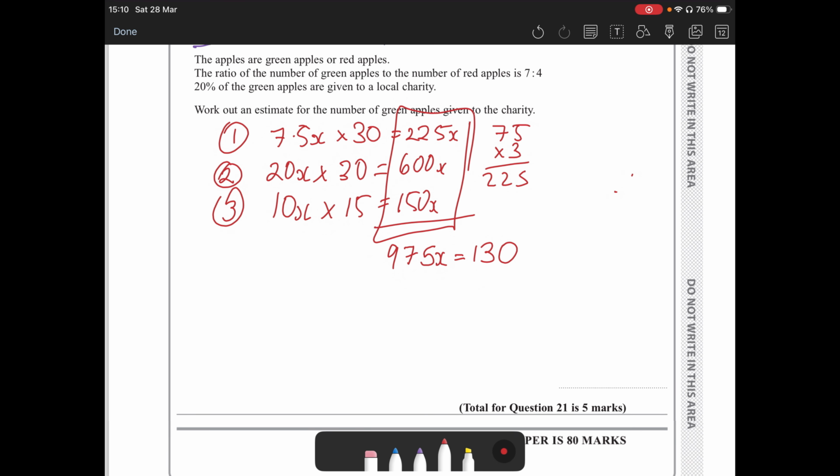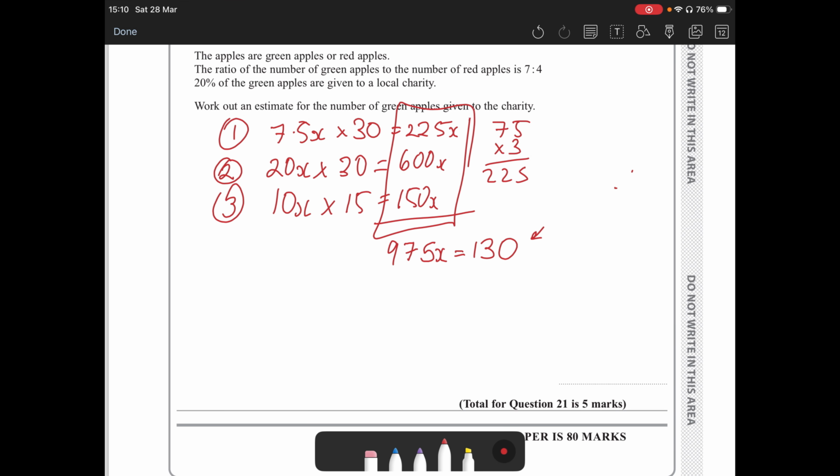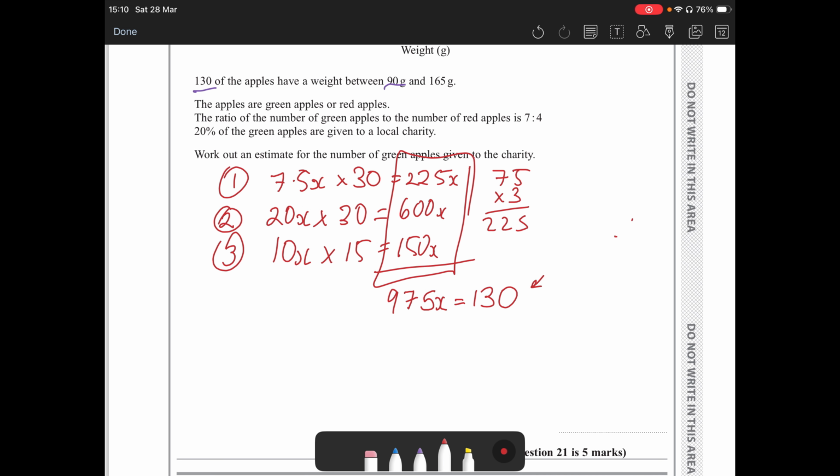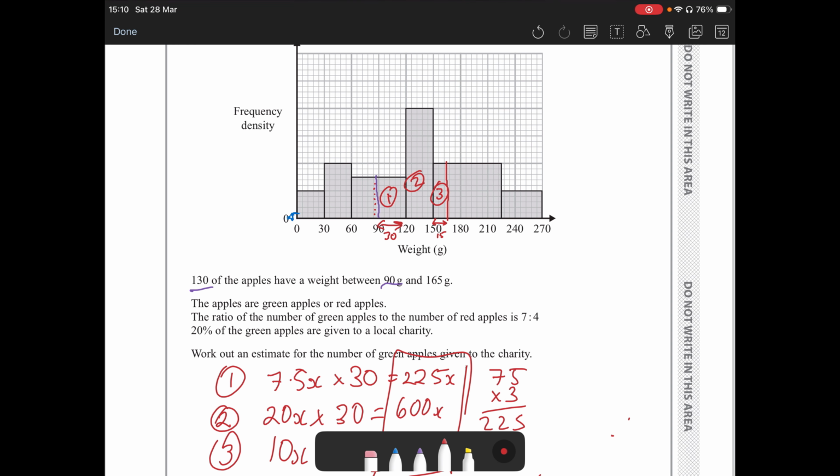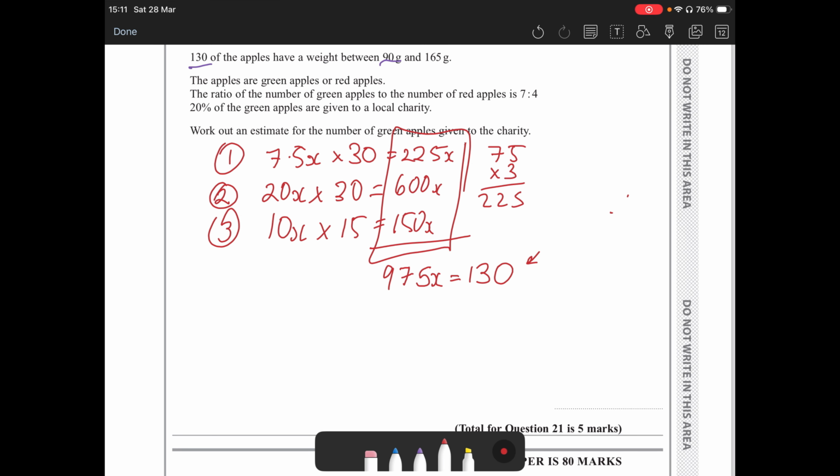I basically want to know what the scale is. Let's do 130 divided by 5 again. 26. So 975 divided by 5, 195. X is 26.